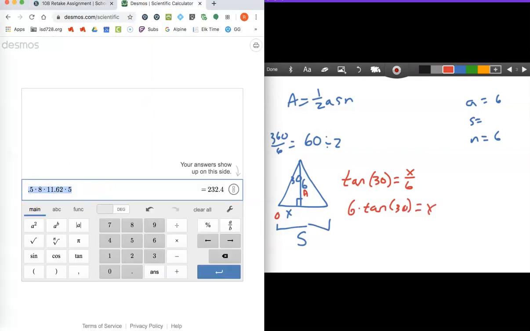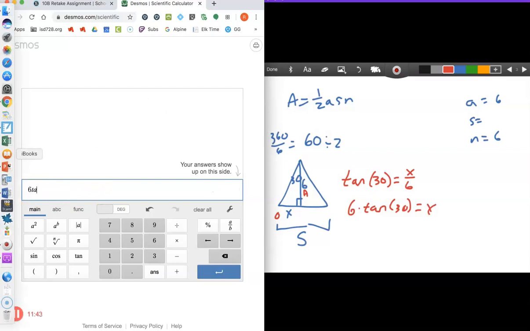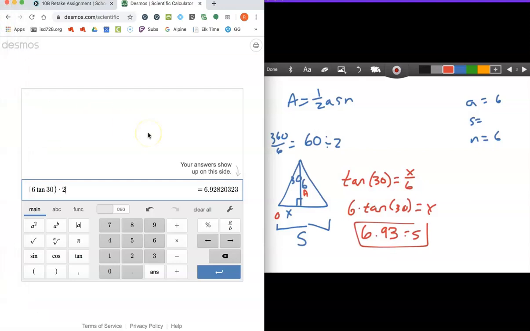So if we do 6 times the tangent of 30, we end up with 3.46, but we're going to double that right away and get 6.93 equal to S. Okay, so 6.93 is S.